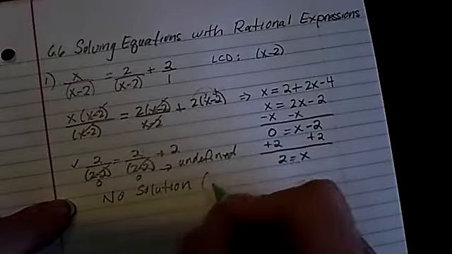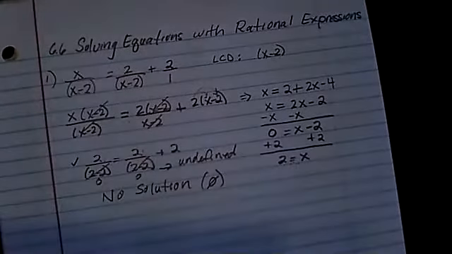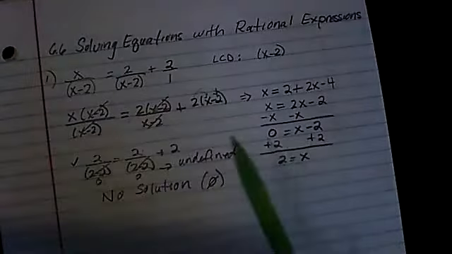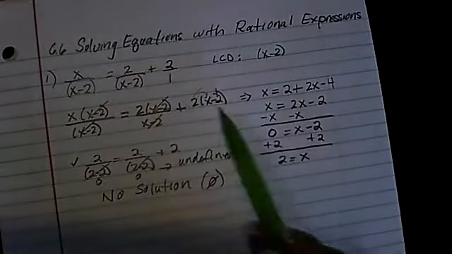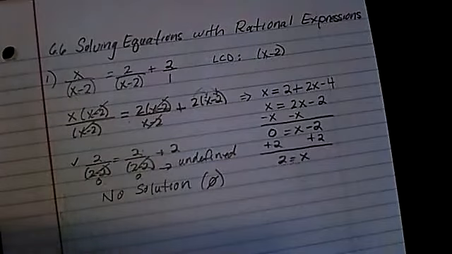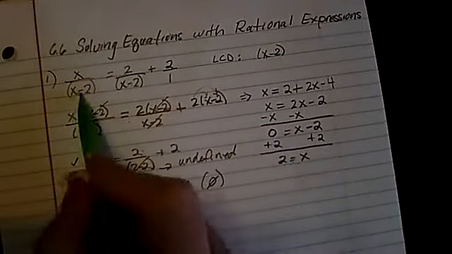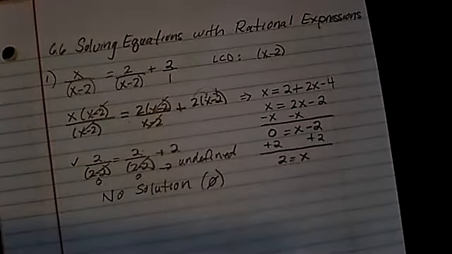You can say that, or you can say the empty set, whichever you prefer. That's why it's important when we're doing these equations that you check the constraints. If I put a 2 in there, that's going to give me something undefined, so that will not work. It has constraints in there, and x cannot be 2. So unfortunately, there's no solution on that.